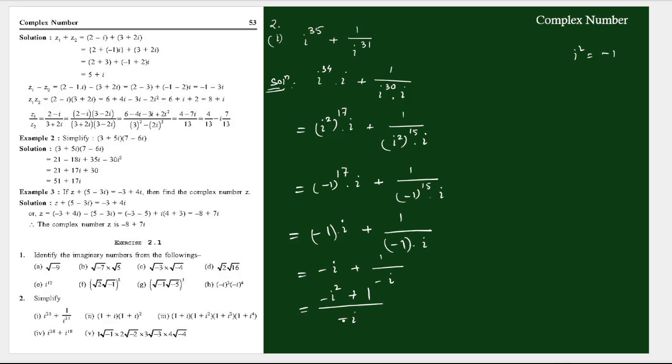Okay, the denominator. If we multiply, no, wait, it will again take time, another step it will consume. Here only we will try to do something. So if we try to write minus minus plus into minus minus 1 by i.